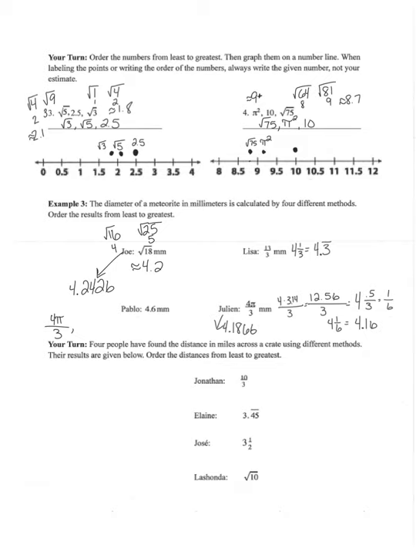And then the next greatest number from that is going to be Joe at 4.2. So square root of 18. And then we have 4.3 repeating, that's Lisa. So 13 thirds. And then we have Pablo, 4.6.